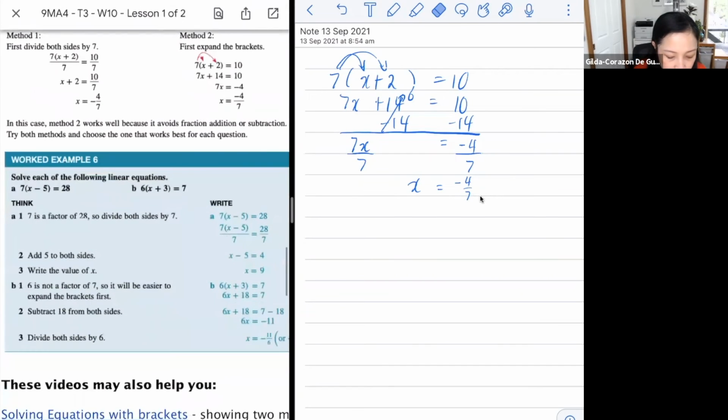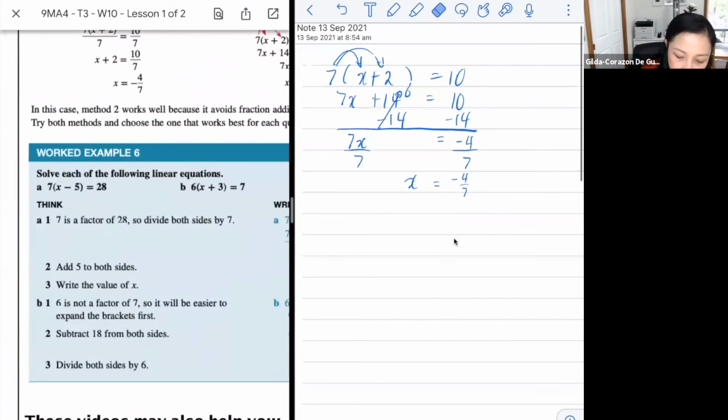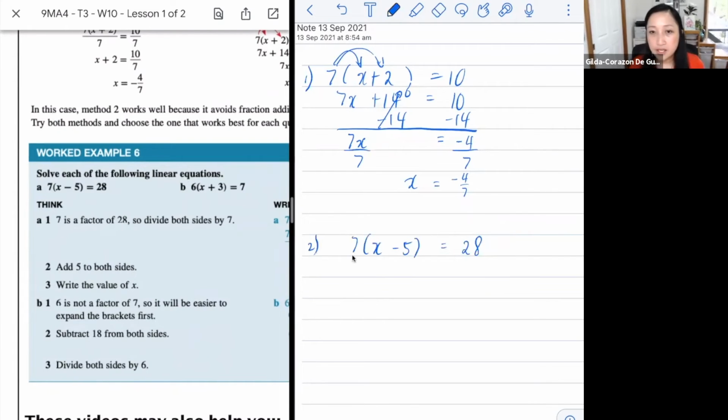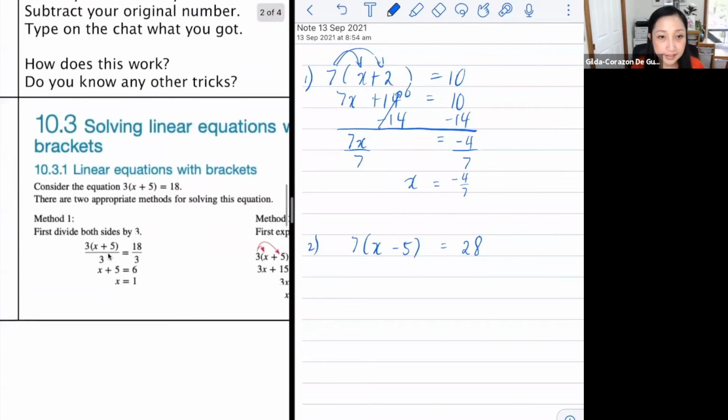But for example, when we have this equation here, we've got 7x minus 5 equal to 28, right? So what can we see with the number outside and the number on the right? 28, you can divide that exactly by 7, right? And therefore you can do the first method that they've given us.